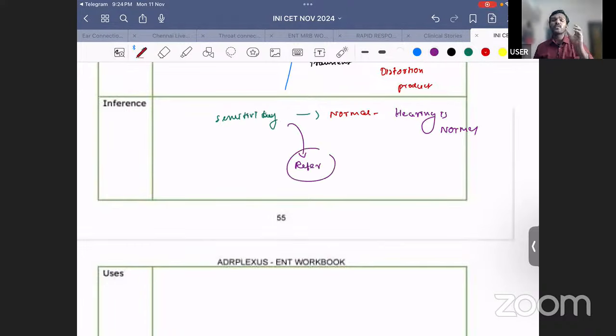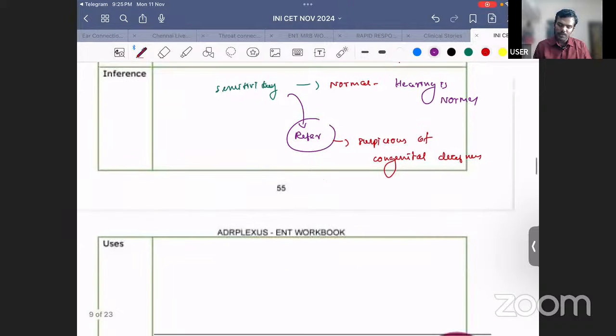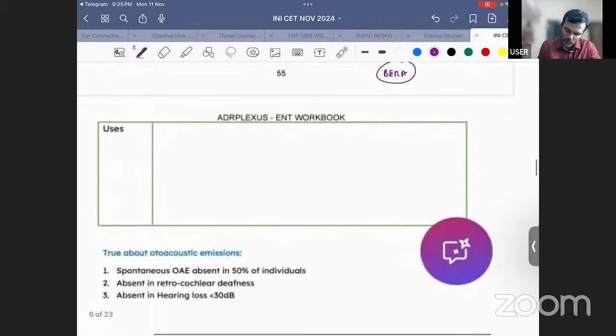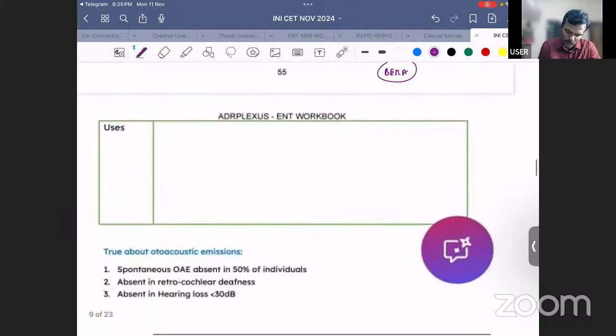It shows that it is suspicious of congenital deafness. So what can you do for these patients? Suspicious of congenital deafness means you should do BERA in these patients. So they are used for screening tests, screening neonates.